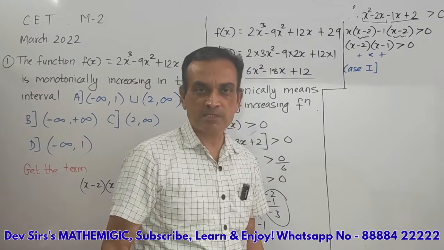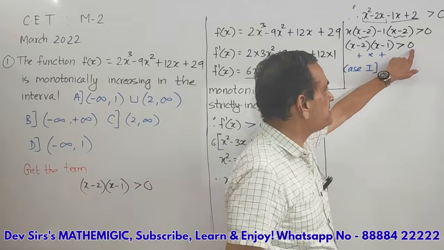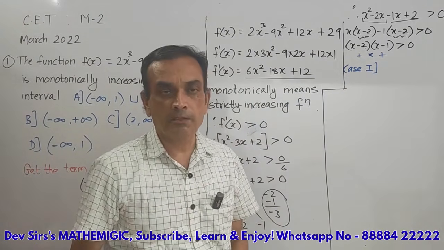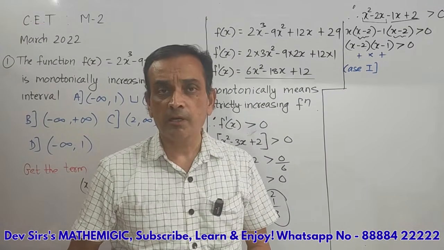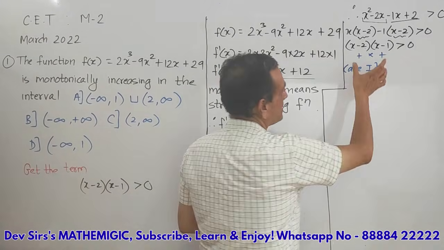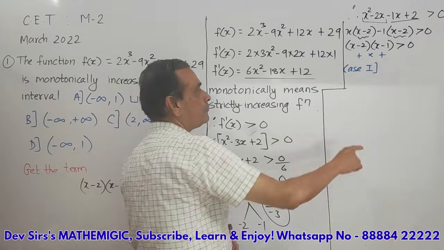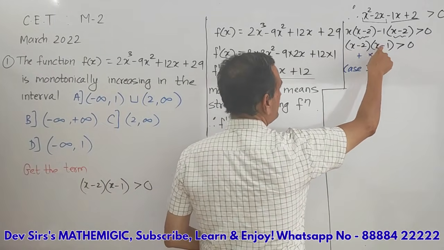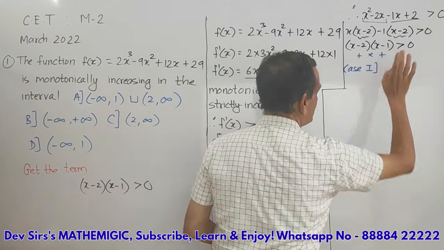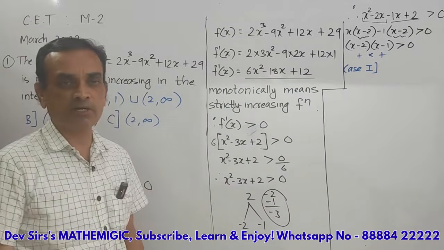Why do we want plus? Because what does greater than 0 mean? The answer should be positive, right? So this product will be positive when both brackets are positive. Plus into plus is plus, means greater than 0. Greater than 0 means positive.